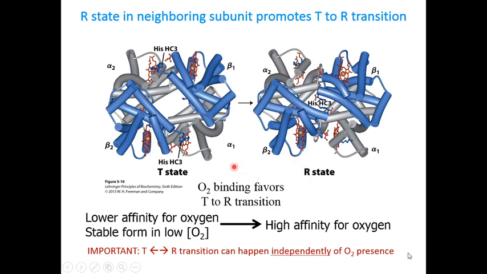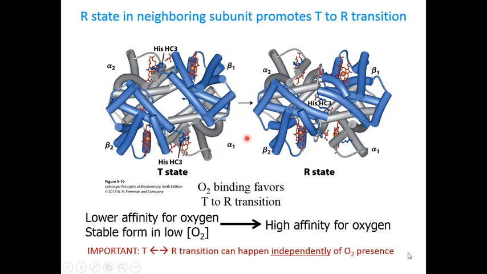When the entire protein undergoes this transition from T state to R state, the structure of the individual subunits, either alpha or beta, change little, but the alpha beta subunit pair together slide past each other and rotate. As you can see here, there is slight differences because the alpha beta pair rotate.